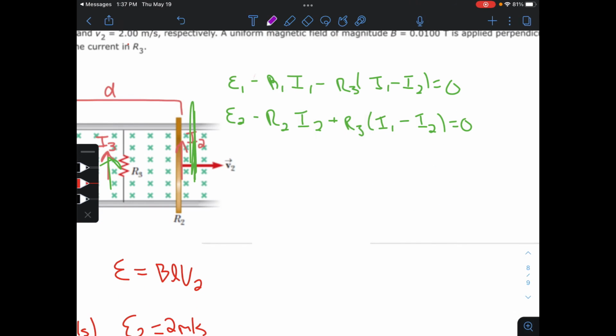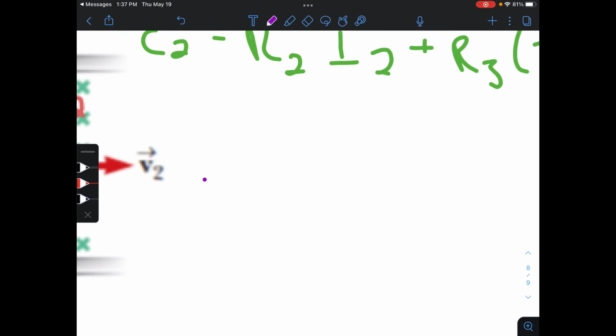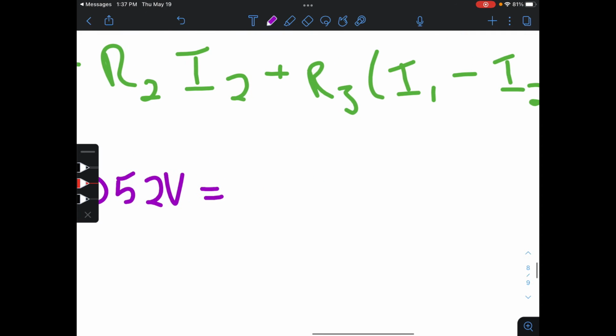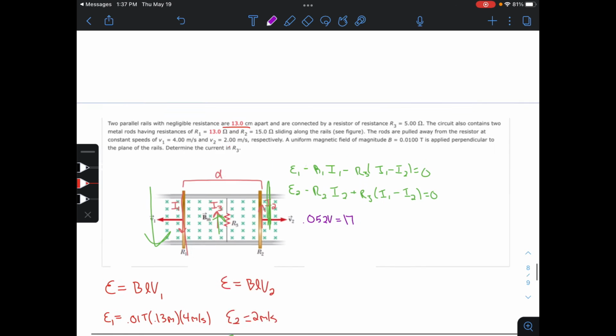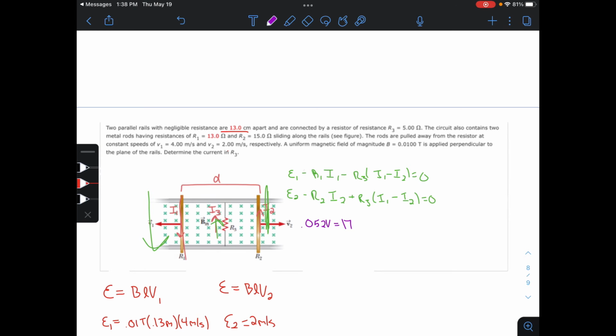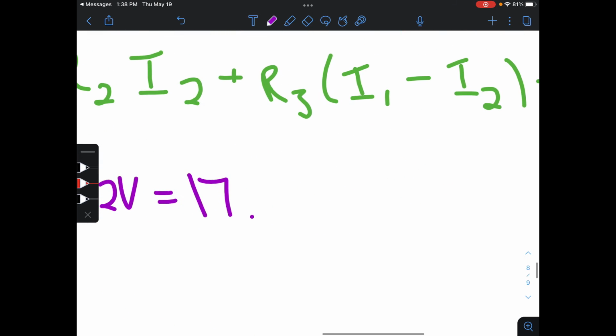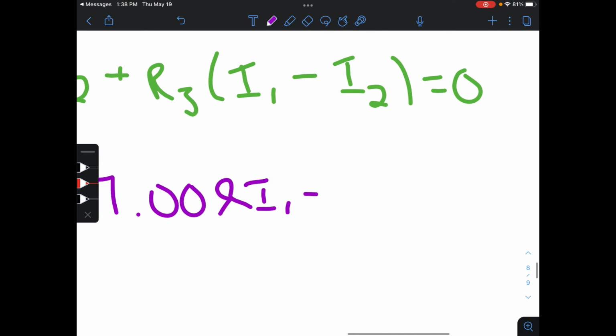So what I'm going to do here is 0.052 volts is equal to 17 ohms. I believe 17 is R2 unless I got that wrong. 2 ohms, I1, minus 5 ohms, I2.